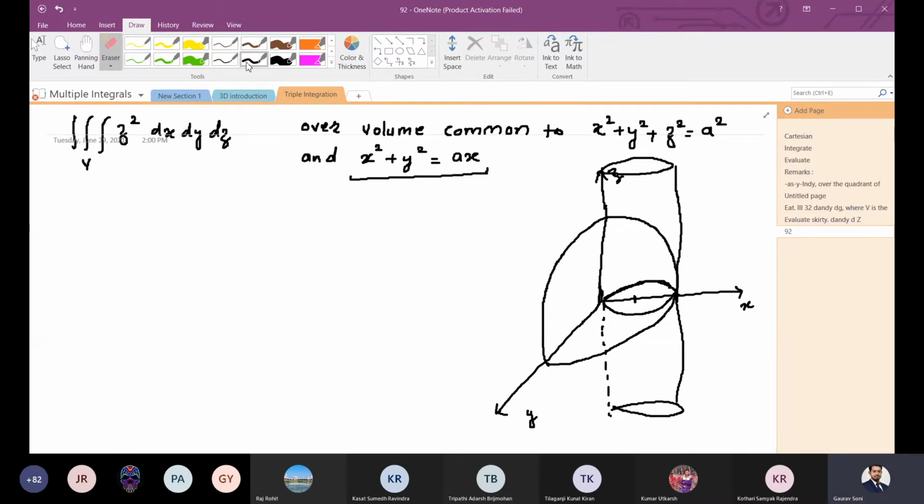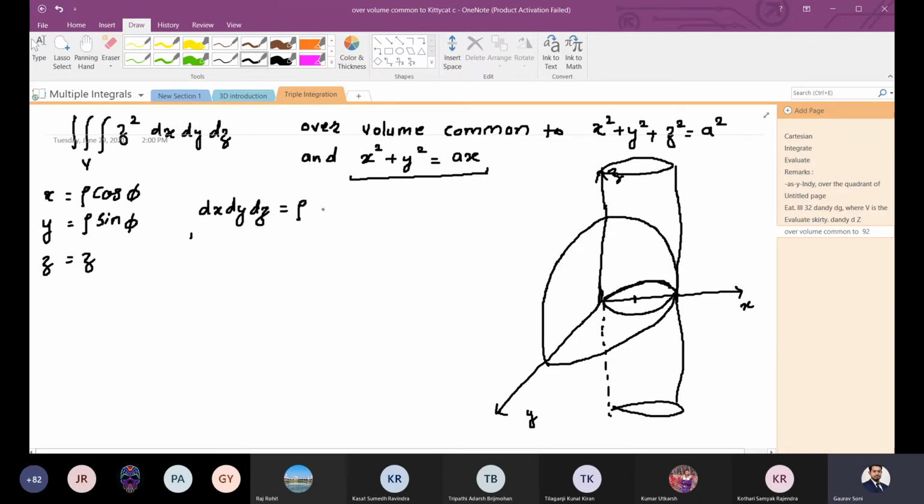Now, as there is a cylinder, so of course what I am going to substitute, x is equal to rho cos phi, y is equal to rho sin phi, z is equal to z. We'll replace dx dy dz by rho d rho d phi dz.